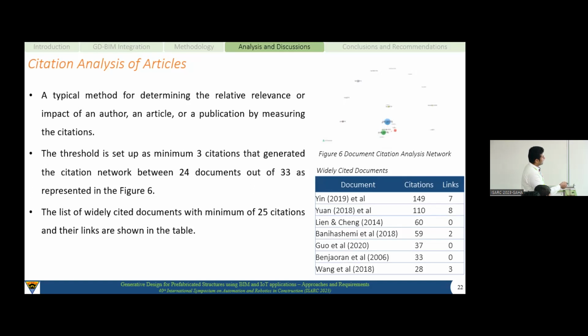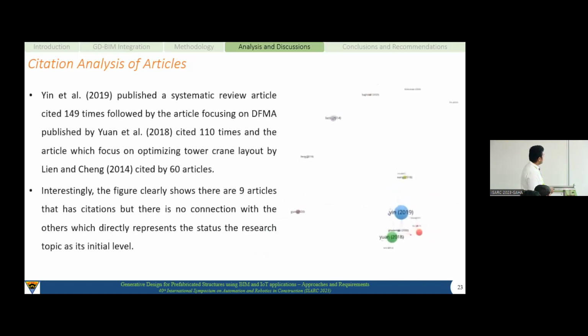We could see 2019 has the most citations, 149 with 7 links. Interestingly, this figure shows that there are 9 articles that have citations but no connection with the others, which directly represents the status of the research topic at its initial level.